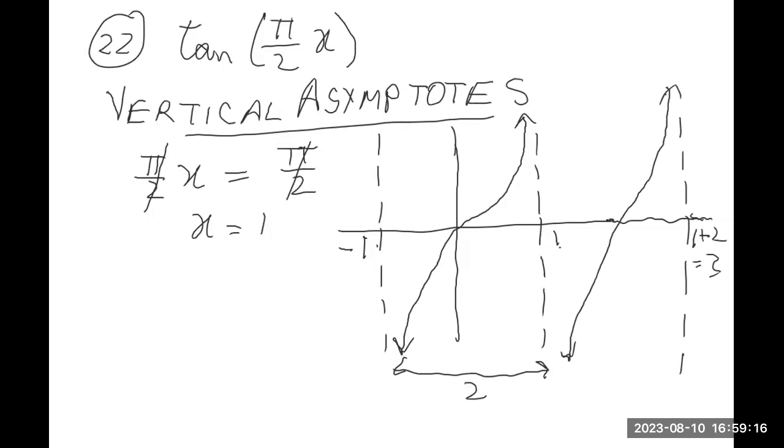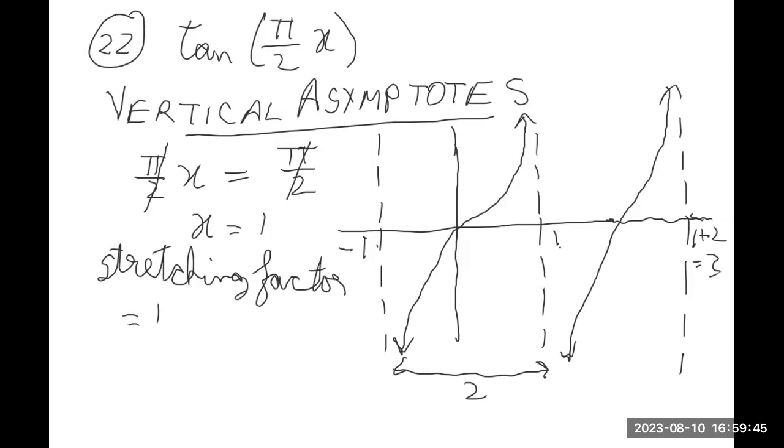We also need to label the y-axis. And there, the idea is whatever the stretching factor is, in this case, the stretching factor is 1, because that's the constant in front of tan pi over 2 x.